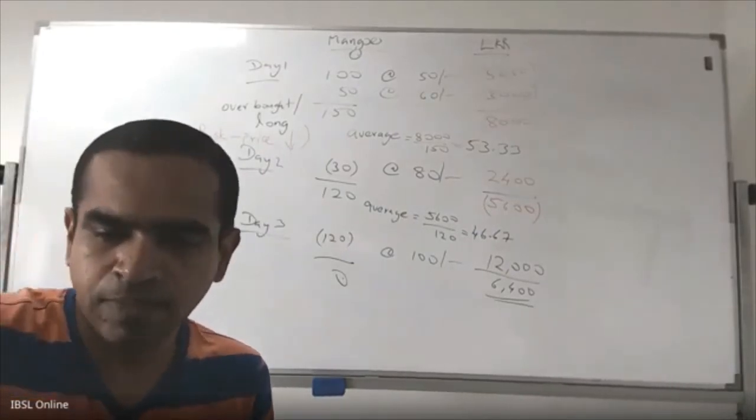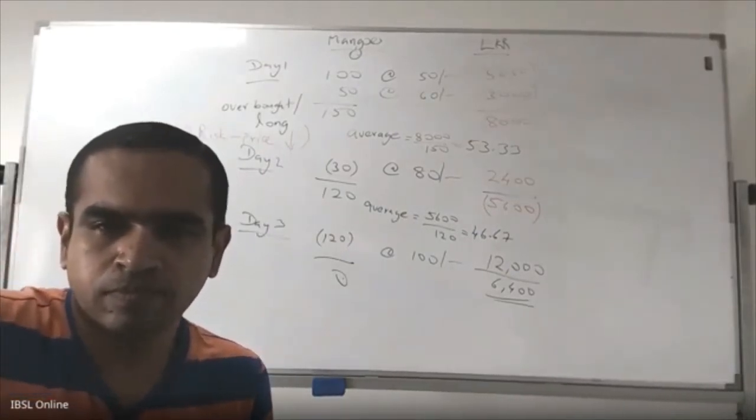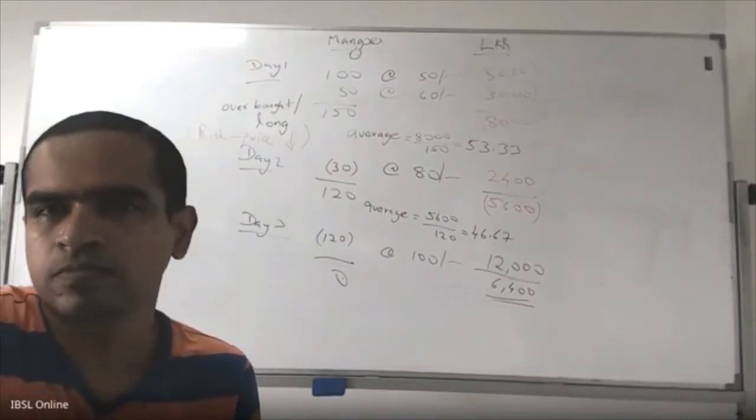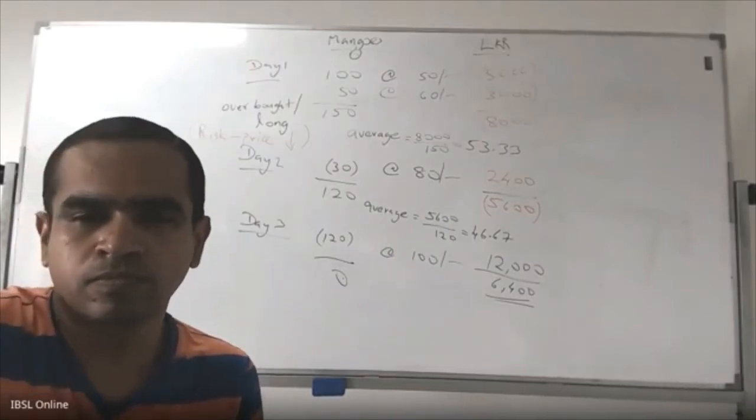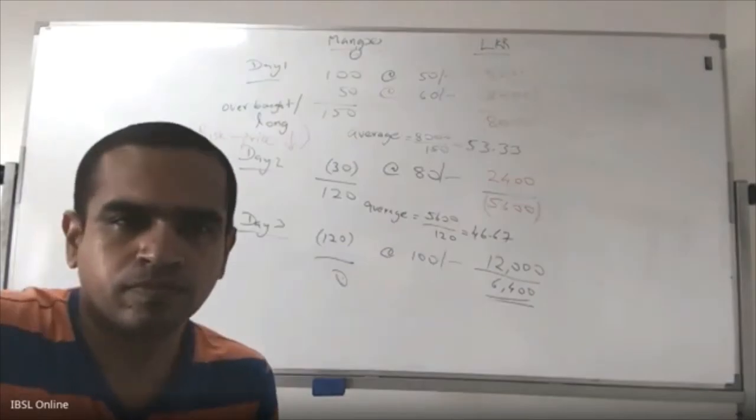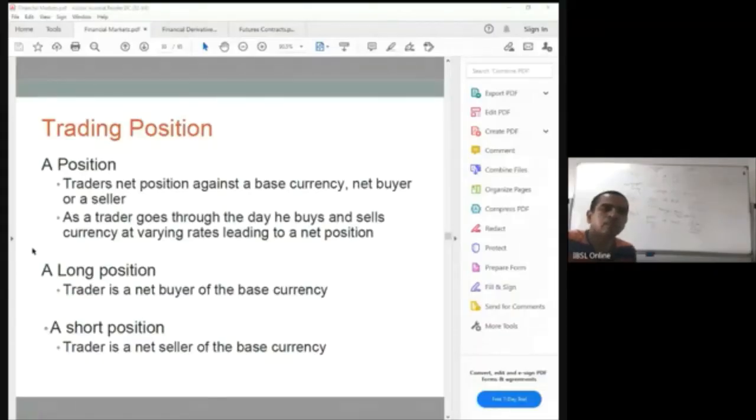Shall we try this example? Well, the trading position is where a trader's net position against a base currency can be a net buyer or a net seller. In this case, he's a net buyer of mangoes. As a trader goes through the day, he buys and sells mangoes at varying rates, leading to a net position.